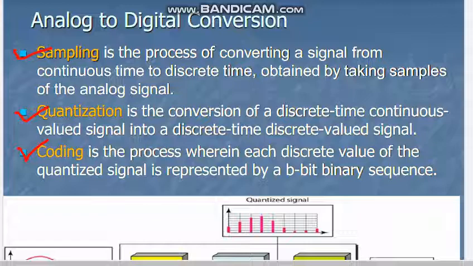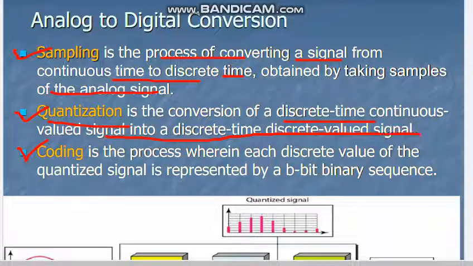Sampling is the process of converting a signal from continuous time to discrete time, obtained by taking samples of the signal. The second thing is quantization. It is the conversion of a discrete-time continuous-valued signal into a discrete-time discrete-valued signal. That depends on the value.